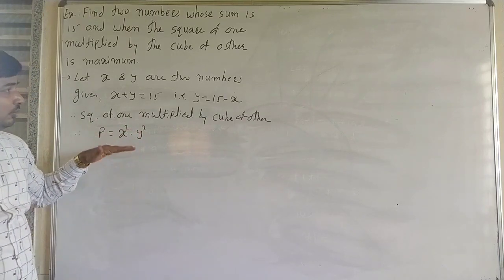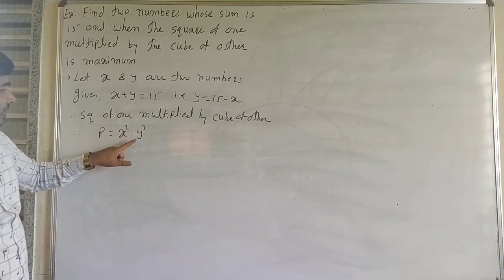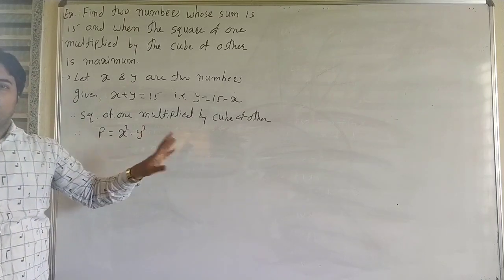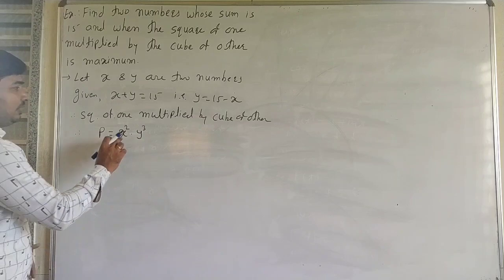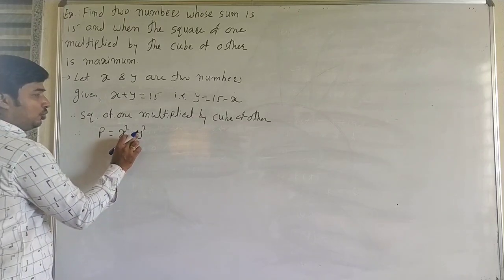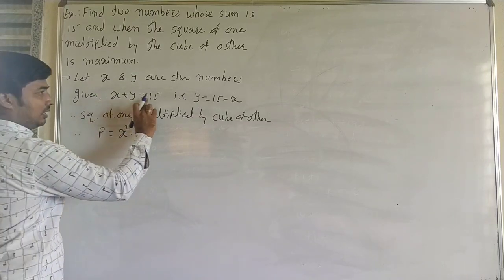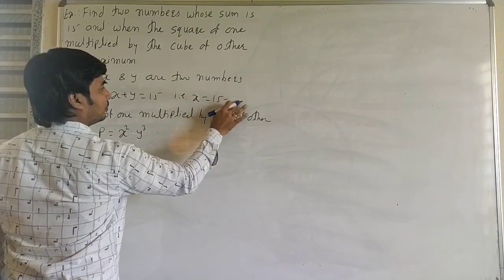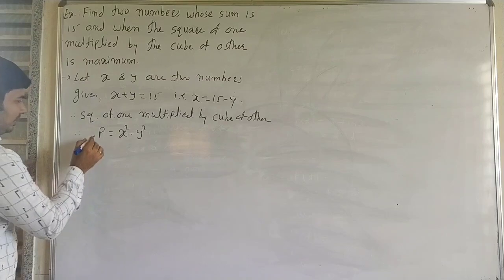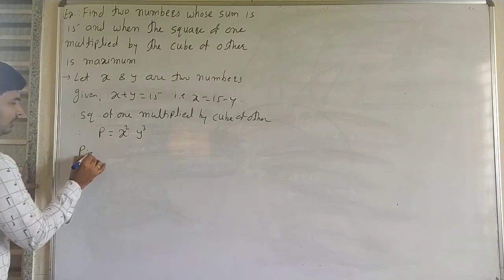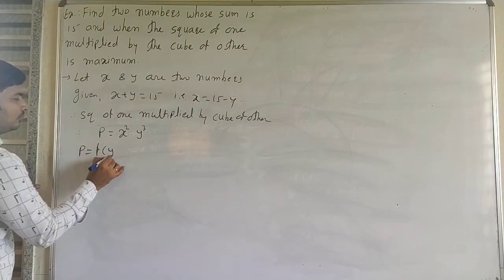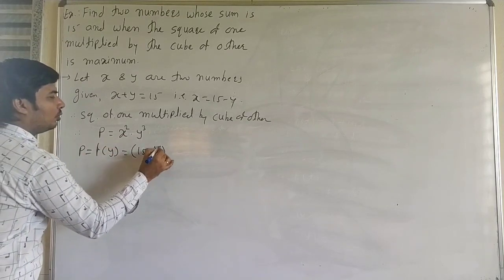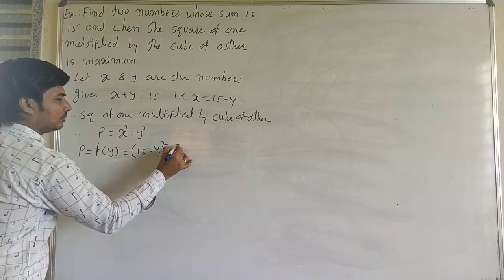Okay, to simplify the calculation here, convert p into the form of f of y instead of f of x, so it will be a little easier. The calculation means you need to square instead of cube. So here we write x equal to 15 minus y, in terms of y. Therefore p, that is the product, is equal to f of y is equal to 15 minus y whole square into y cube.